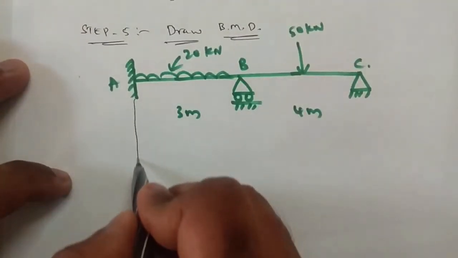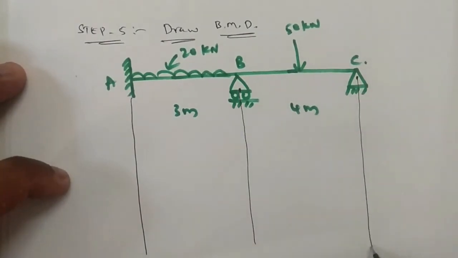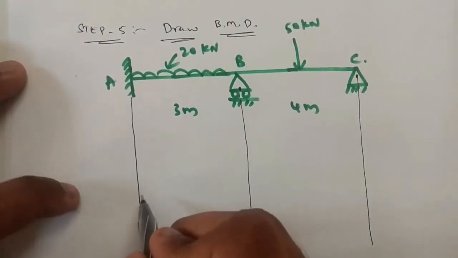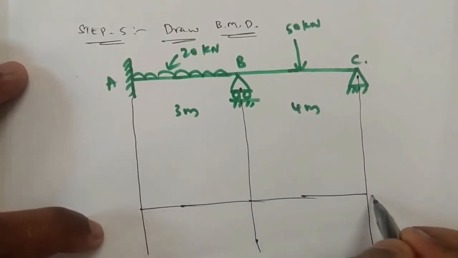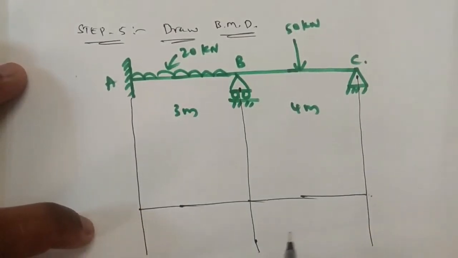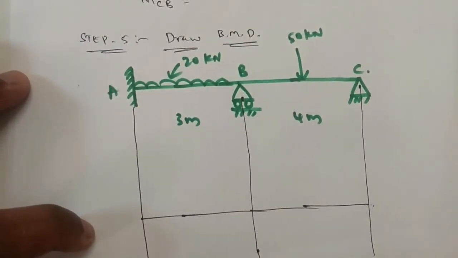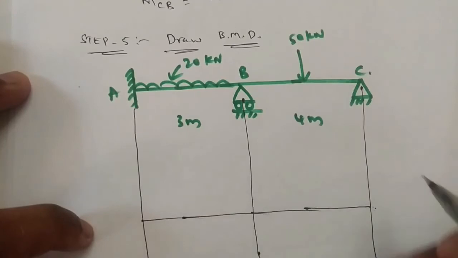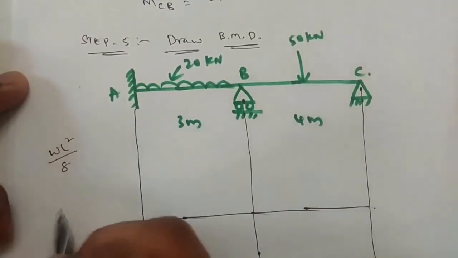Take the reference lines straight. And next draw the baseline. This will be our baseline. First we have to draw the free bending moment diagram. For this UDL we have the formula WL square by 8.